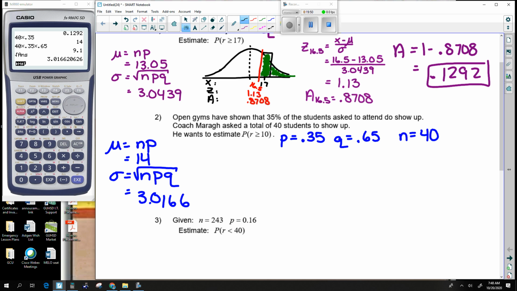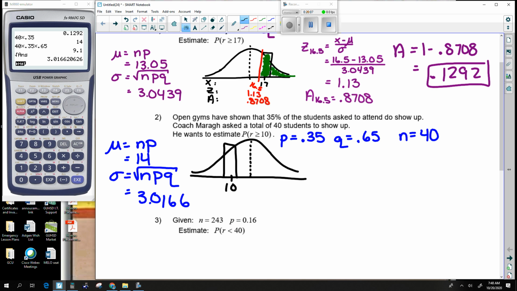Okay, let's understand the question that is being asked. So here's our curve. We have this number 10.